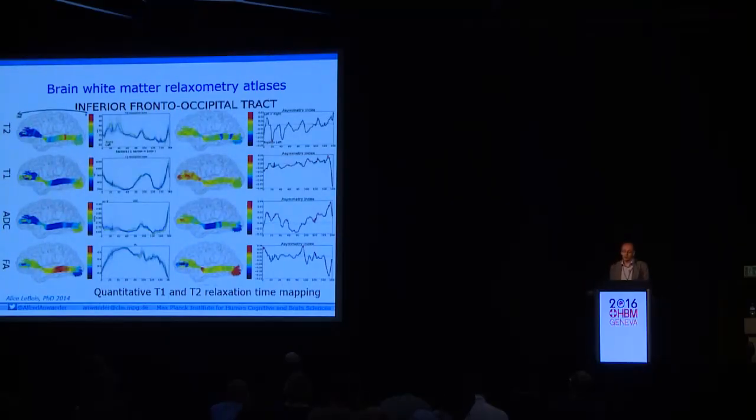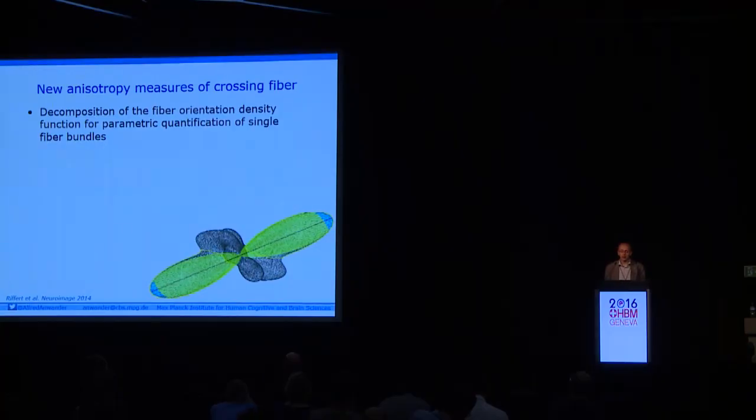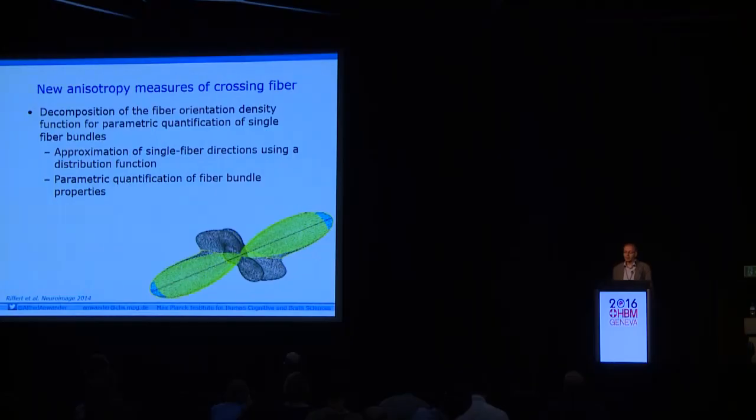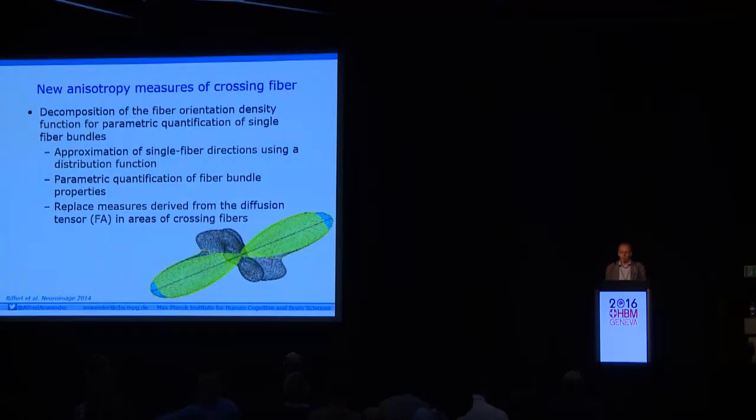To overcome the problem of crossing areas and FA, we've proposed new methods based on diffusion measurements, like here, based on spherical deconvolution, and we did something like FA for each of the lobes, for each of the directions, by approximating the lobes of this fiber orientation distribution function with single fiber orientation distributions, and then get quantitative measures of the different bundle properties to replace FA.